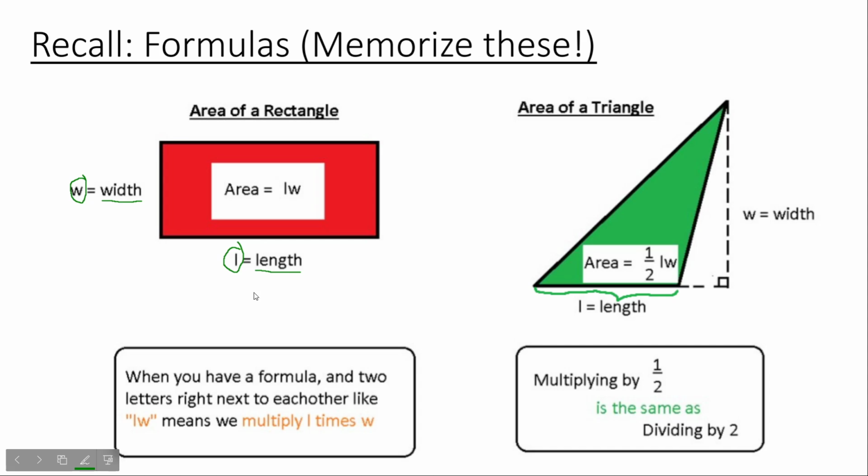Now, when you have a formula and two letters right next to each other like L and W, it means that we multiply L times W. Two variables right next to each other, then we get L times W. Now this is equal to our area, and a lot of times you're going to see area represented with the letter A.